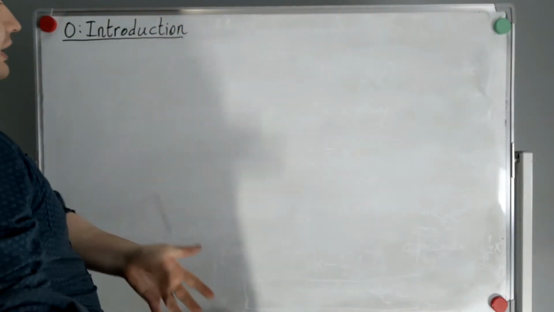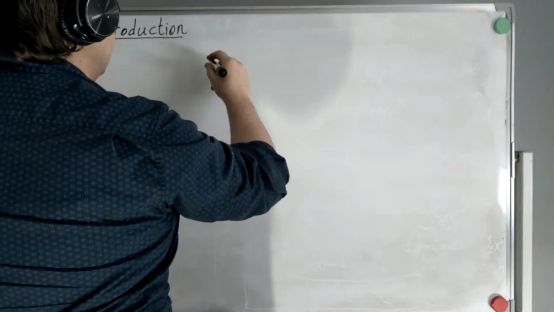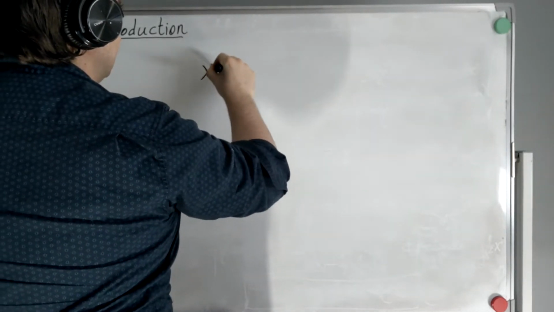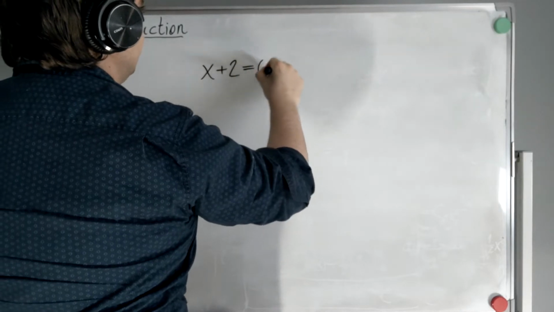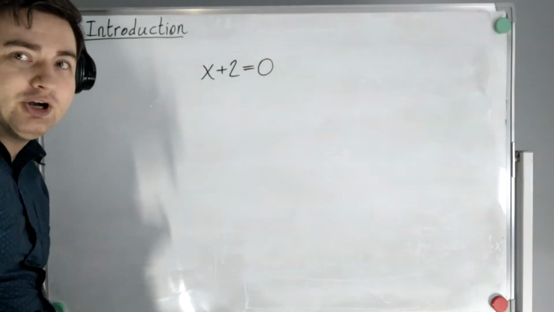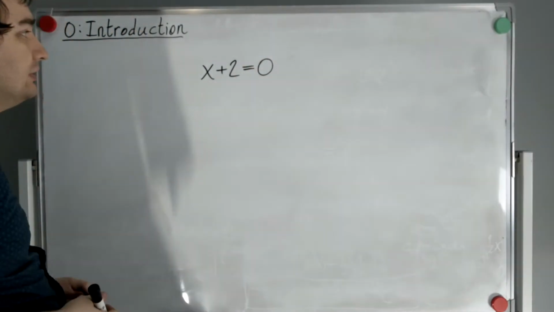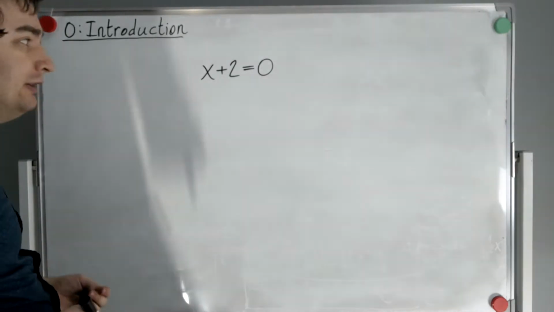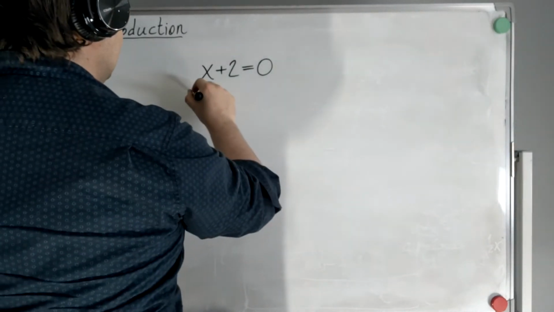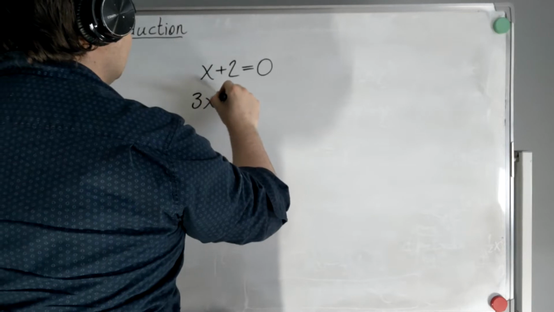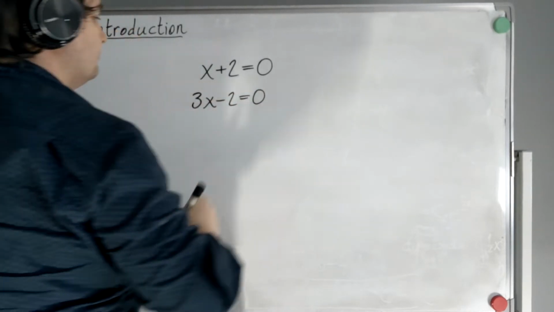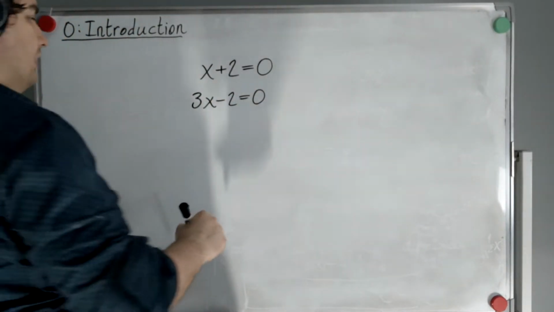So in your mathematical career, you learned about many different types of equations. You learned how to solve equations that look like x plus 2 equals 0, probably very early on. That was pretty easy for you, probably. And then you got a little bit harder. You included multiplication. And then you got a little bit harder.